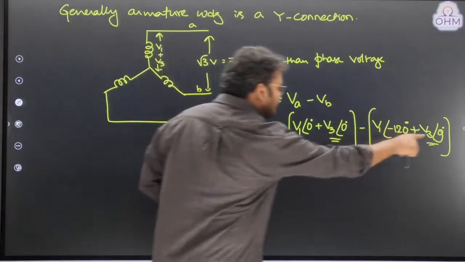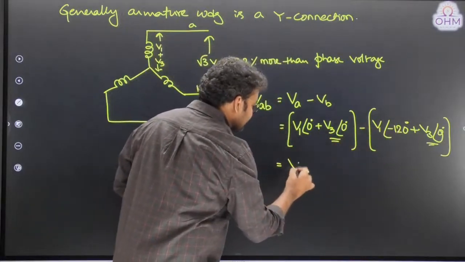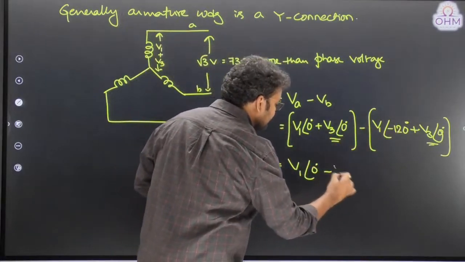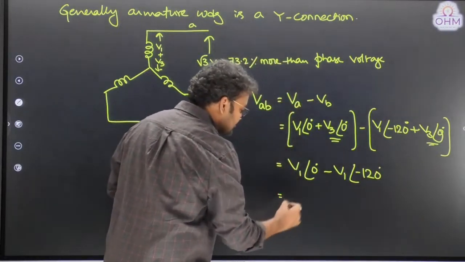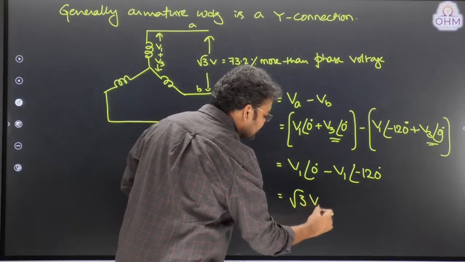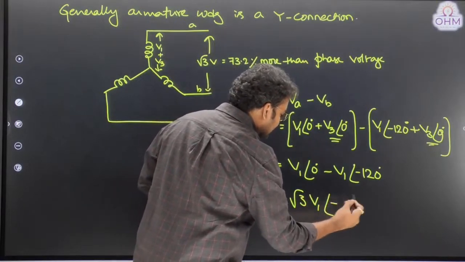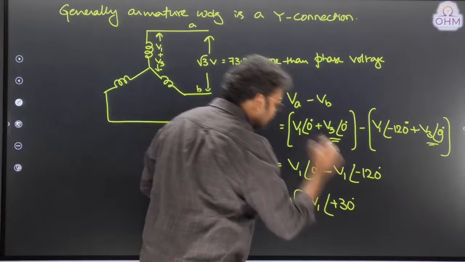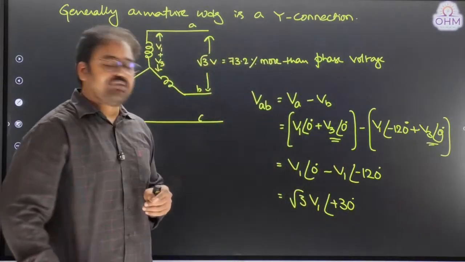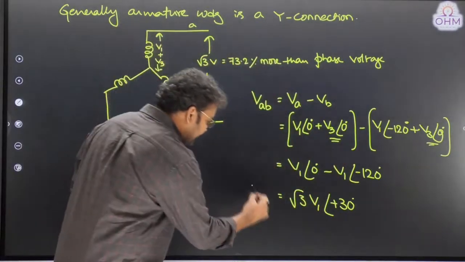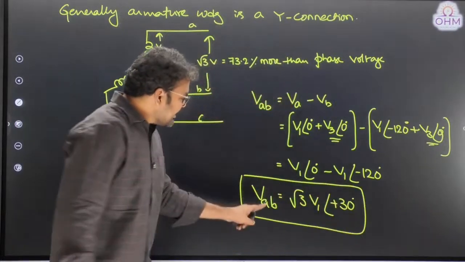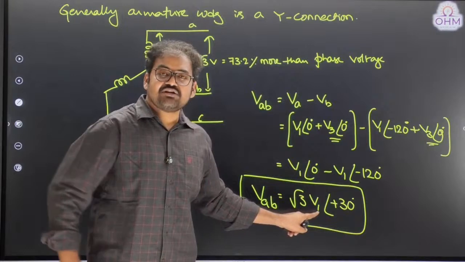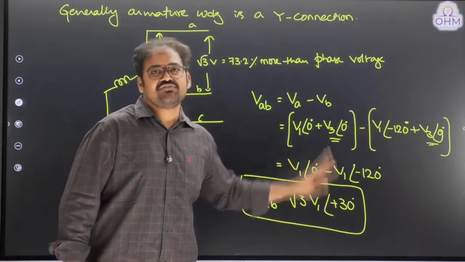So the moment these two voltages cancel each other, what is the remaining? V1 at an angle 0 minus V1 at an angle minus 120. When you solve it, you will get root 3 V1 at an angle plus 30 degrees. Therefore, finally, when you calculate the line voltage, will it have only the V1 term or also the V3 term? Only the V1 term.